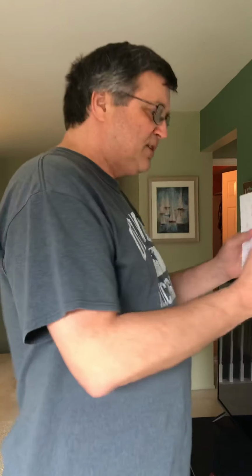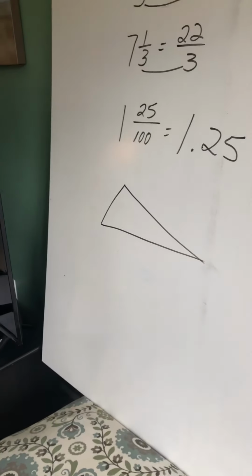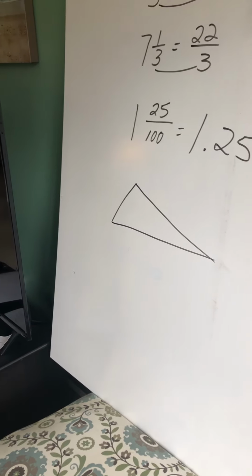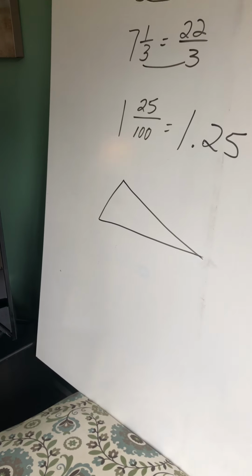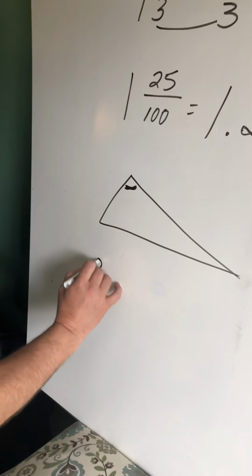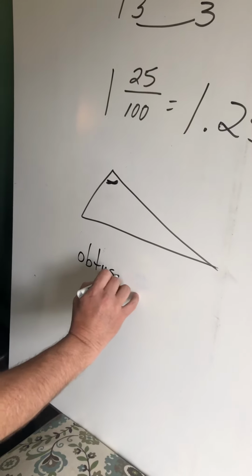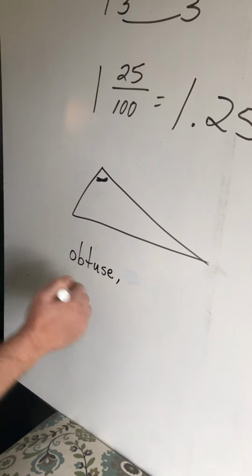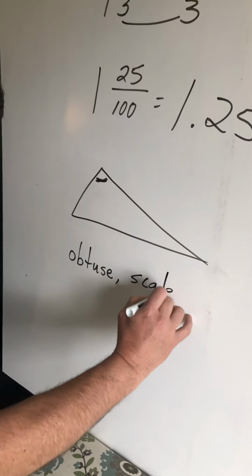And then the other name is how the sides are equal or not, and how many sides are equal or not. Okay, so if we look at this, right now you're looking at this and you're going, well, that's a scalene, and you're right. Okay, so what this is supposed to be right here, that's supposed to be obtuse. My drawing is probably not very good. Hopefully they'll be better on the paper, but that's an obtuse scalene. Okay, 2 names for one triangle. One goes with the angle, the other goes with the sides.